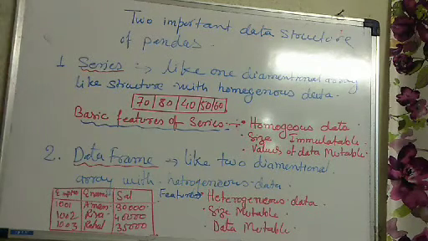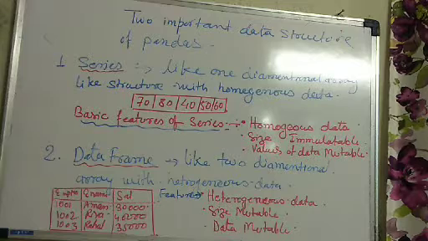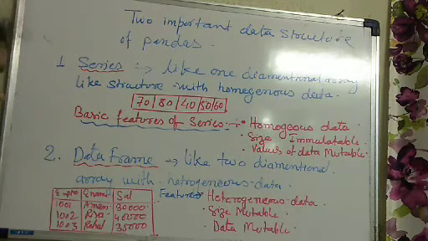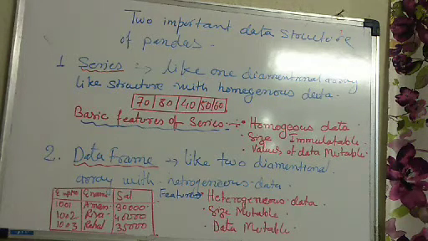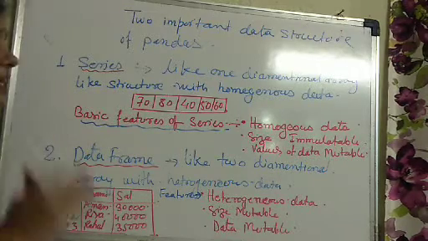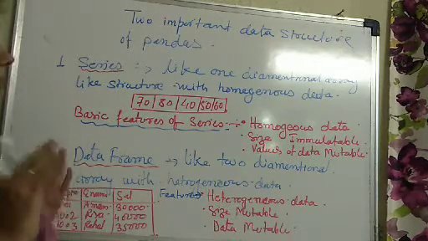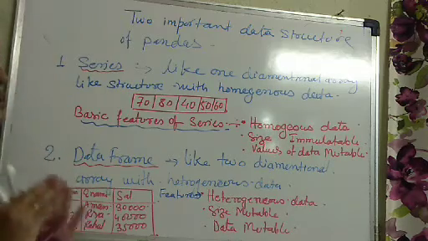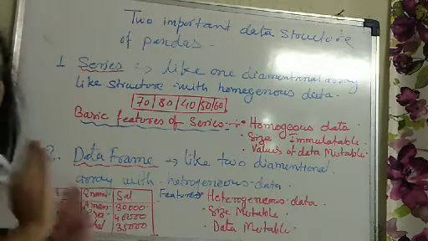Now you will see how you can create the series in pandas, and what functions you will use to create it. Right now, students, we are focusing on how you will create a data structure in pandas.